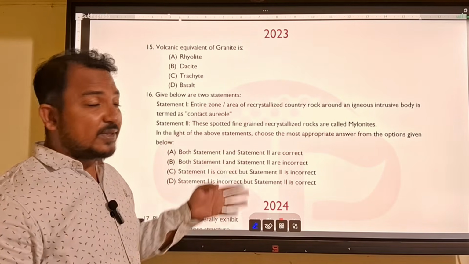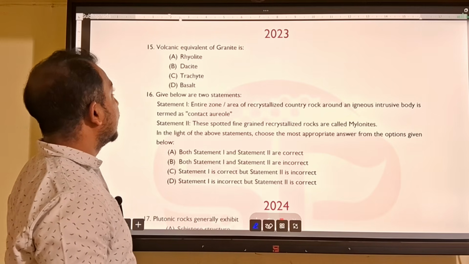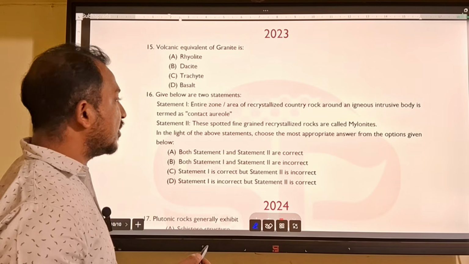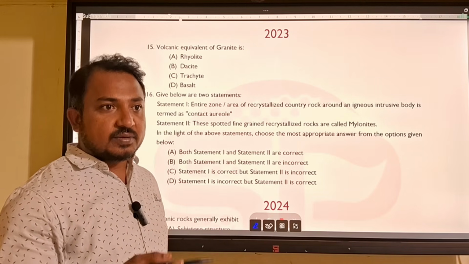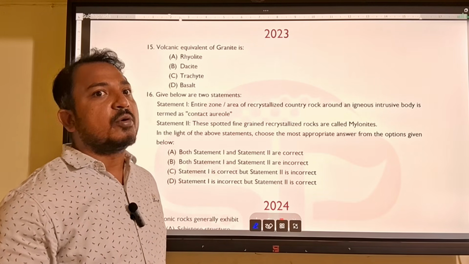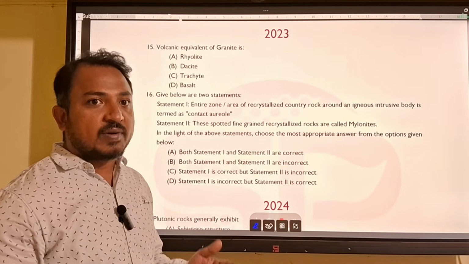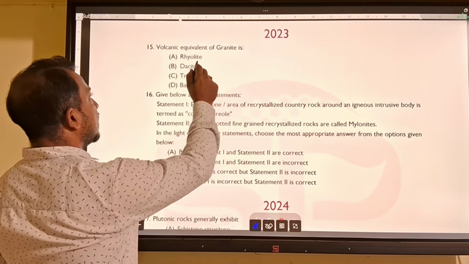See another same type of question. These questions are repeating again and again. Each year, mostly you'll find these equivalent questions. So it is very important. So you either study the TAS classification where you remember all these volcanic and plutonic equivalents, or I already told about all the volcanic equivalents and plutonic equivalents of rocks. So the volcanic equivalent of granite is rhyolite.